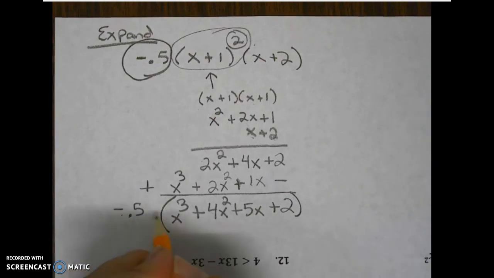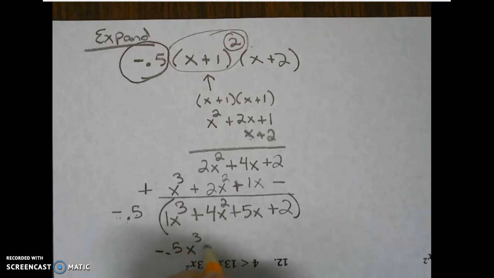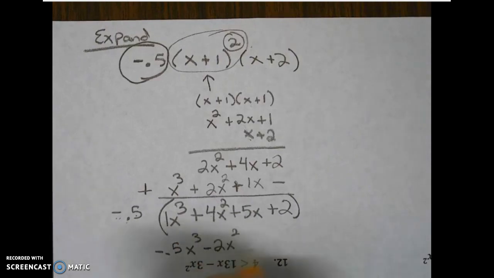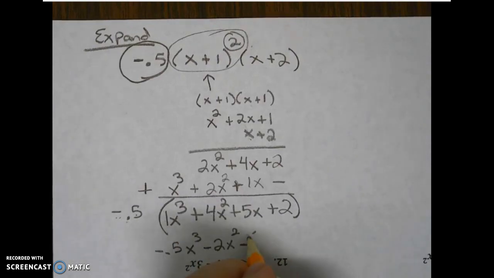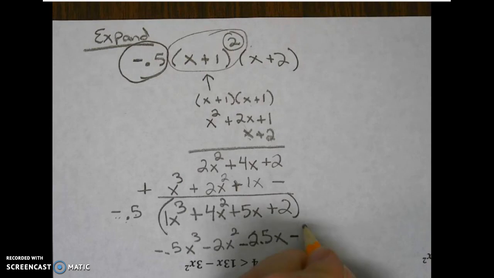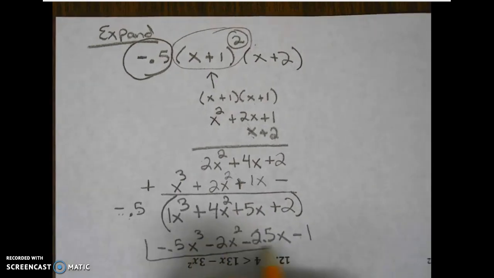So multiplying negative 0.5 times 1, negative 0.5 times 4, negative 0.5 times 5, and negative 0.5 times 2. And then I have expanded it out completely.